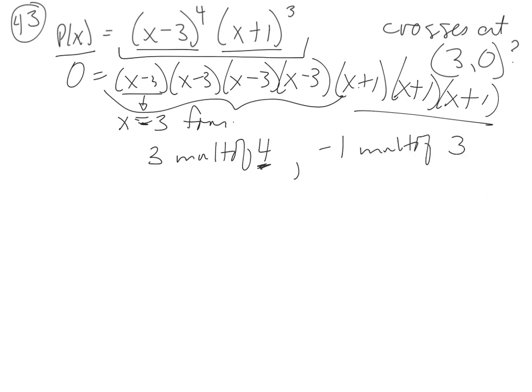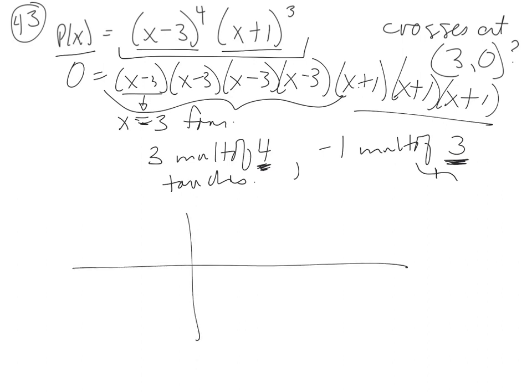If the multiplicity is even, then it just touches the graph at that point. If the multiplicity is odd, like 3, it would come down and sort of bend at that particular point. So if I were drawing a graph of this, I have x equals a positive 3 right there. Something funky happens, and at a negative 1, something happens.